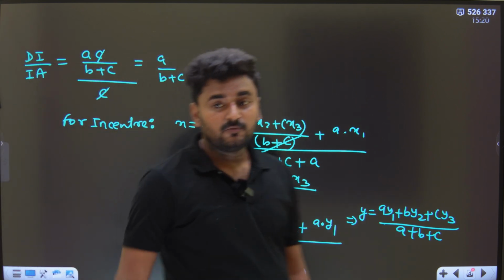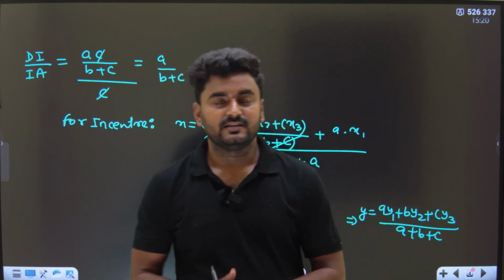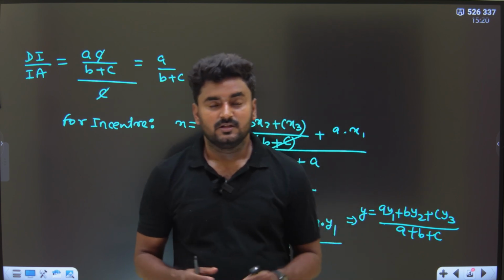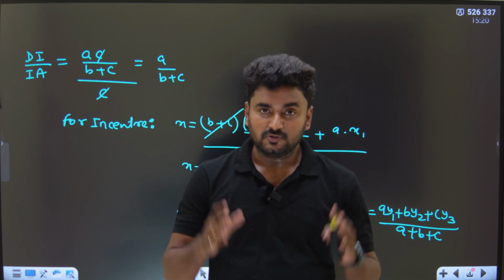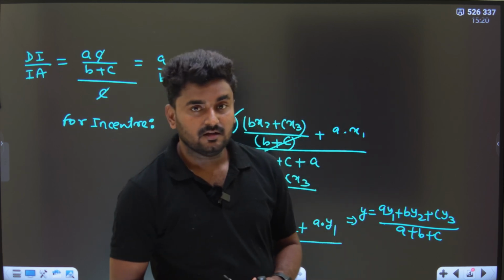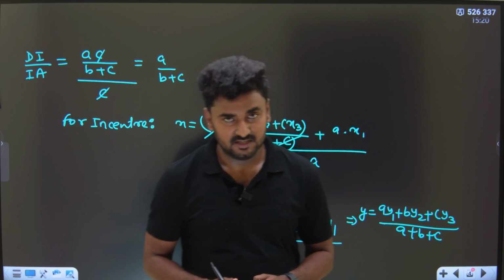Okay, now we are going to discuss our next topic, that is Excentre. Before starting, I want to say that Excentre is the point of intersection of two external angle bisectors and one internal angle bisector. Understand?